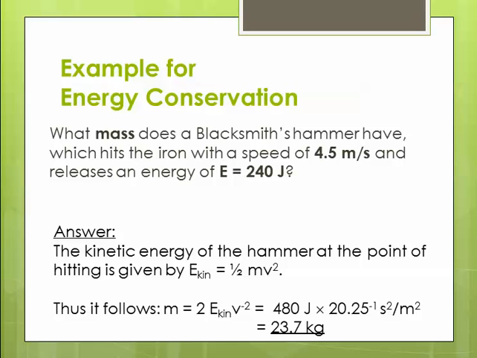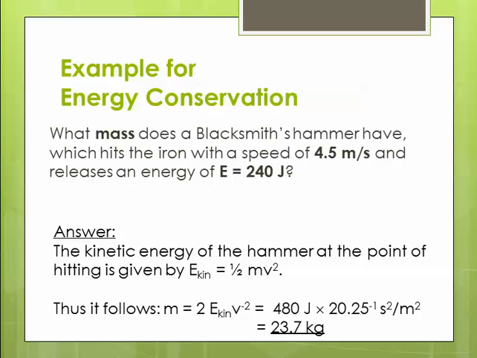So now we assume energy is conserved. The full amount of kinetic energy is transformed into the release energy. 240 joules are released, so we can equate 240 joules to the kinetic energy. We know the speed.